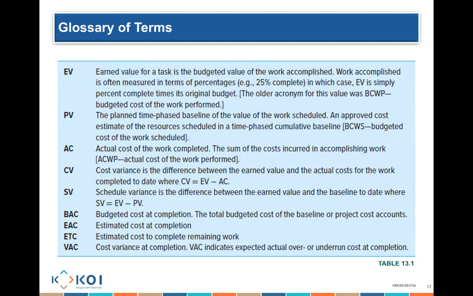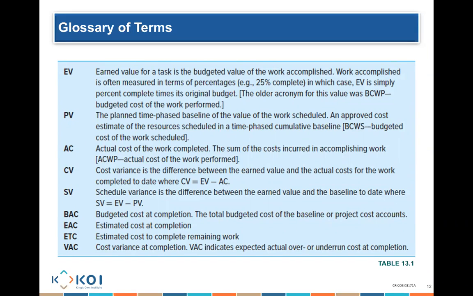Why are you paying $400 for something that you should have done for $250? I am over budget. But if I actually earned $250 and only paid $100, I am definitely under budget. I am doing very well from a budget perspective.